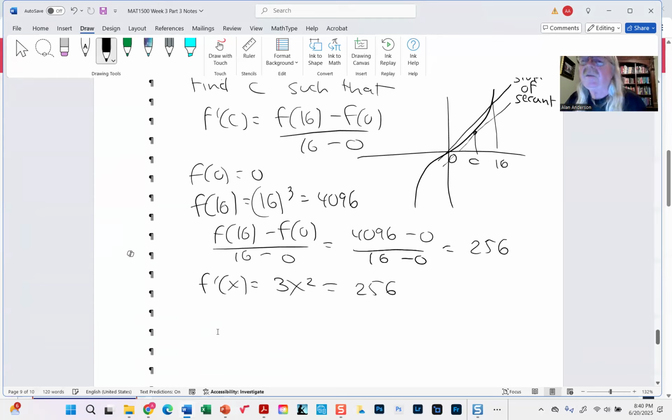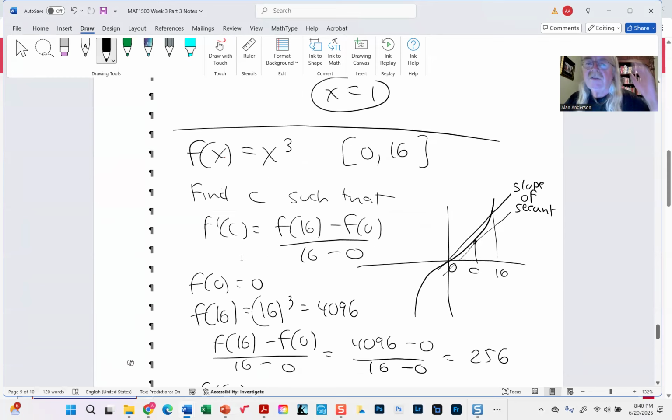Okay, so we're going to find the x at which this is true. Well, that's kind of an odd result. But keep in mind, we don't need the negative one because we're only interested in the interval from 0 to 16.